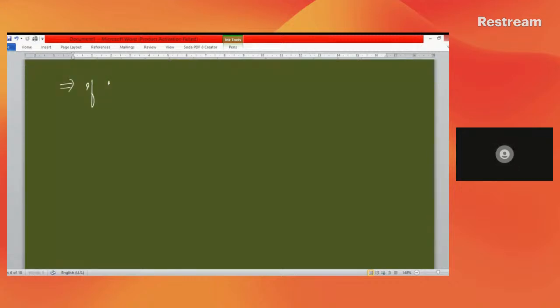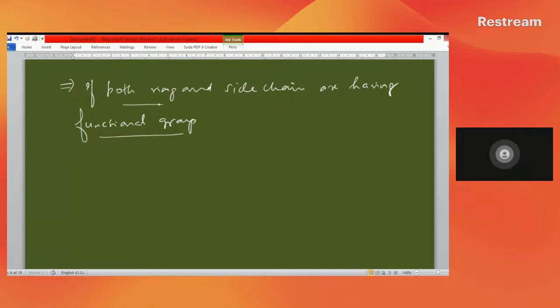If both ring and side chain have functional group, both of them are having functional group, then functional group can be given preference.